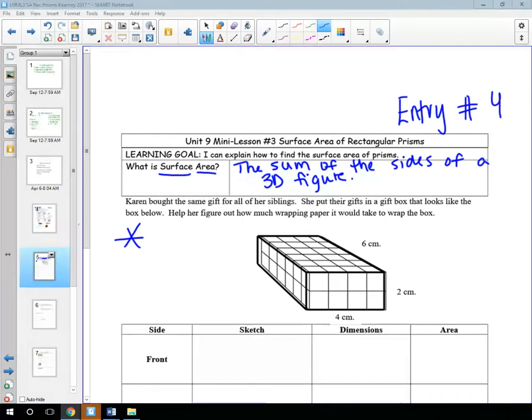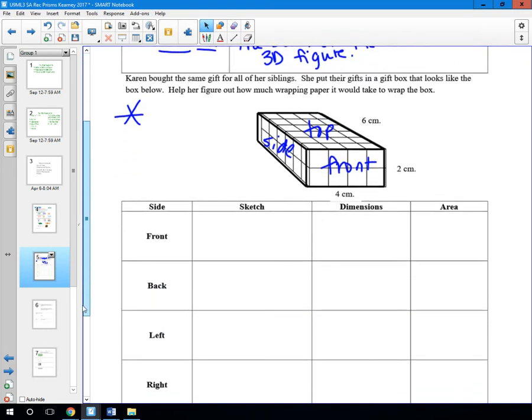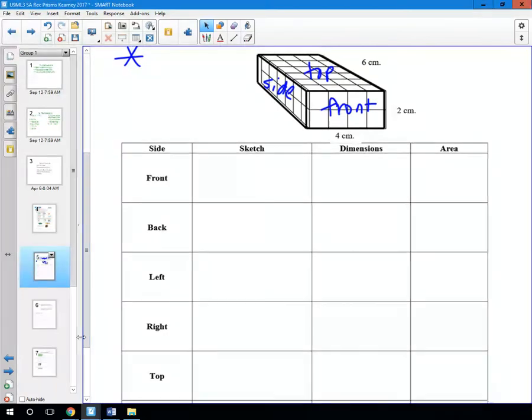So for me, just to break it down, what I like to do is I like to label my pictures because I'm a visual person. So I'm going to label this the front, I'm going to label this the top, and I'm going to label this the side. Okay, and we're going to go through and we're going to find the area of each of those surfaces, because surface area is the sum of the area of all the surfaces.